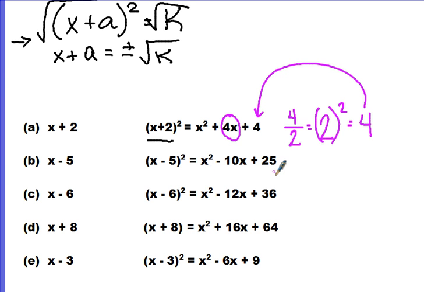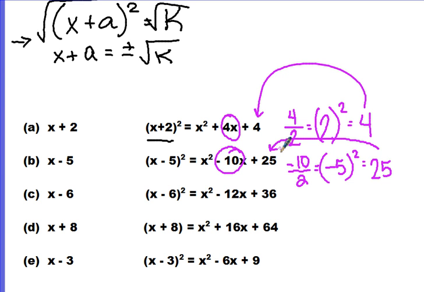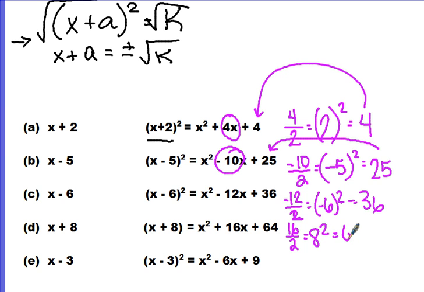In this next equation, if I take the middle term, which is negative 10, and I divide negative 10 by 2, and I square it, I'm going to get the last term. This pattern follows all the way through. Negative 12 divided by 2 is negative 6. Negative 6 squared is 36. 16 divided by 2 is 8. 8 squared is 64.